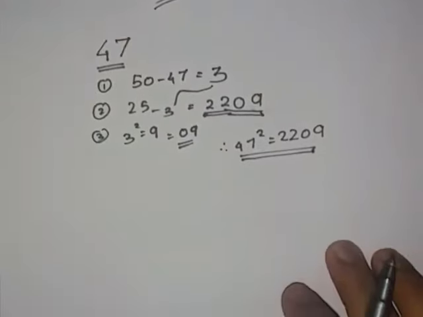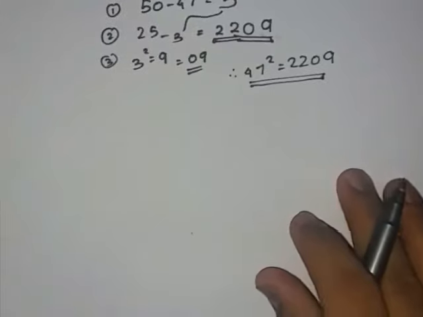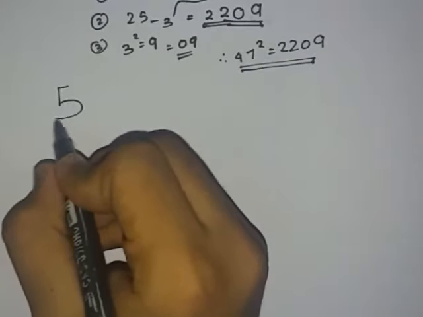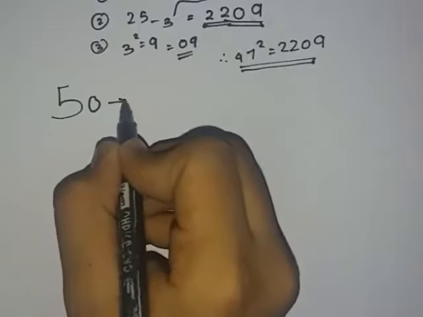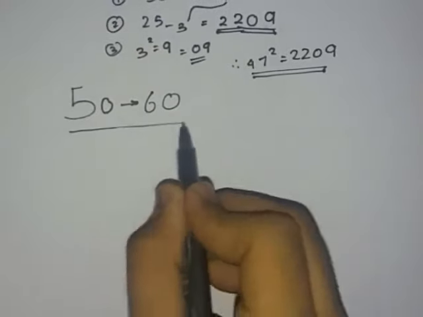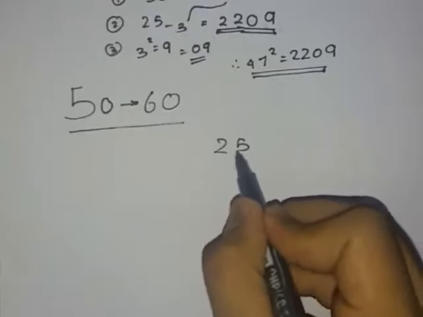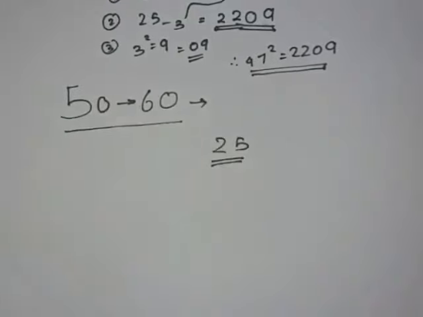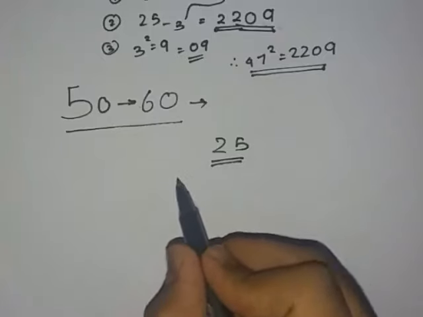Now our next range of digits, that is 50 to 60. Again take 25 as a standard value, and take 50 as a relative value. So let's take any other value.